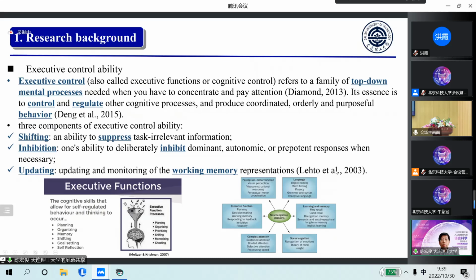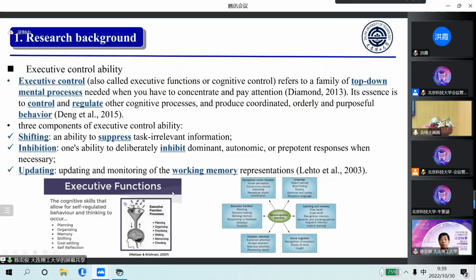According to Miyake, there are three components of executive functions: shifting, inhibition, and updating. Other researchers, for example Miller, also believe executive functions consist of these things.